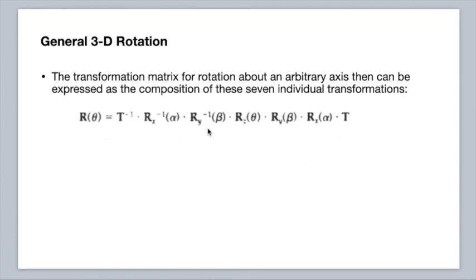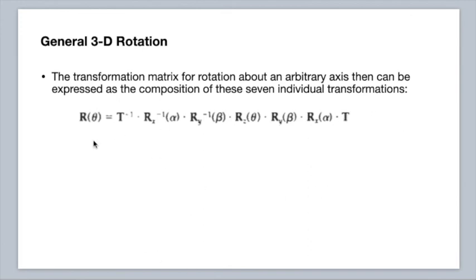Okay, so you have to pre-multiply it. So that means you have to perform all this transformation in the order from last to first. Okay, so that is shown here.